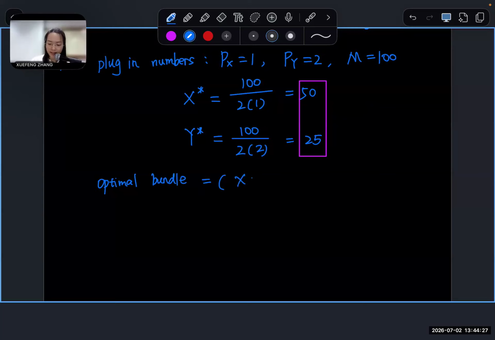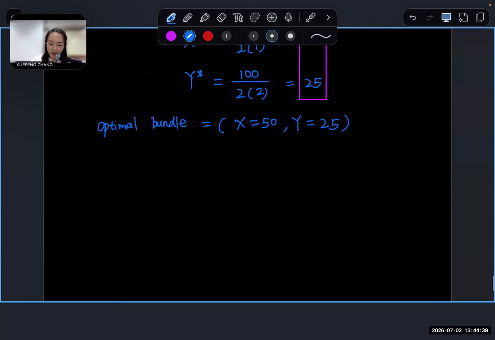X equals 50, y equals 25. Let's do the spending checking, okay? Let's do the spending checking.